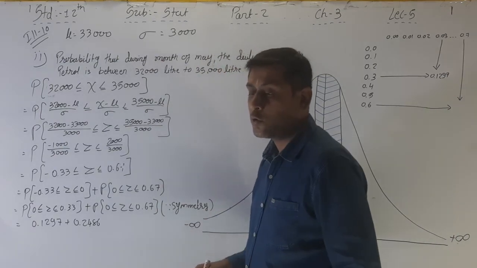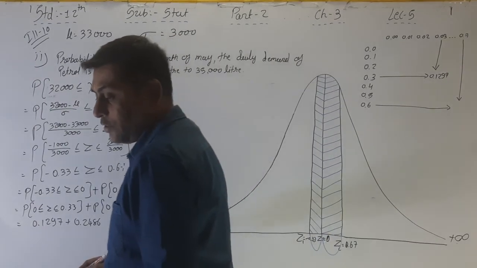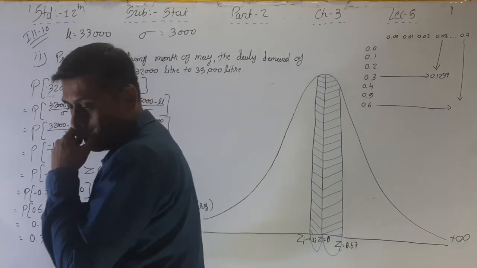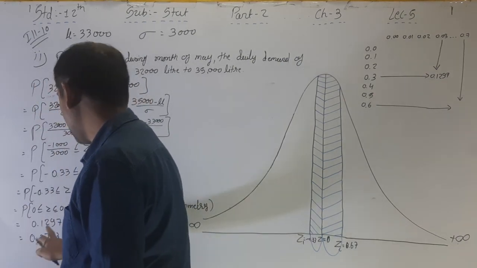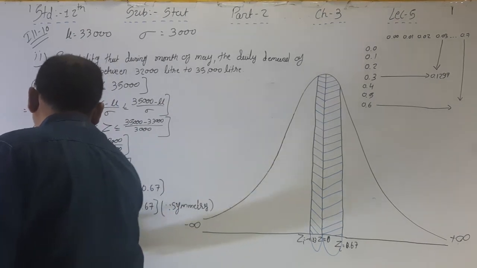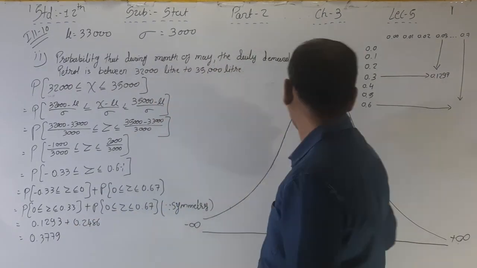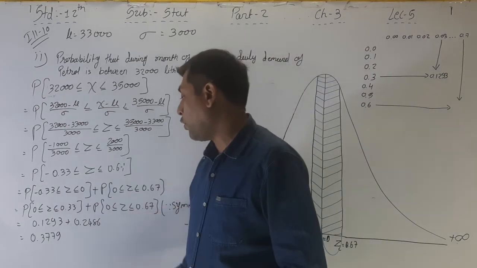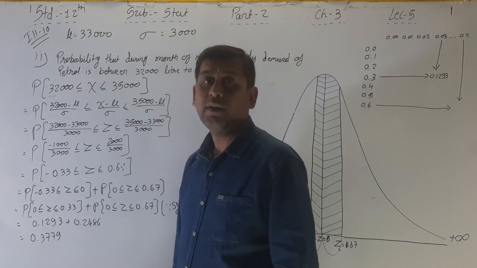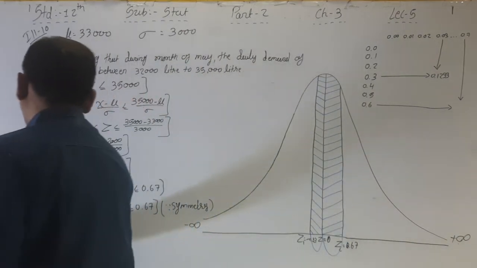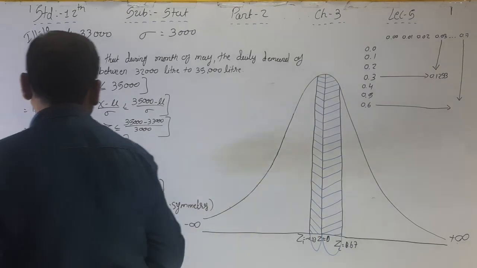Now add the two values, that is 0.3773. The exact value is 0.3779. Okay, so here we find out the answer in the probability first.